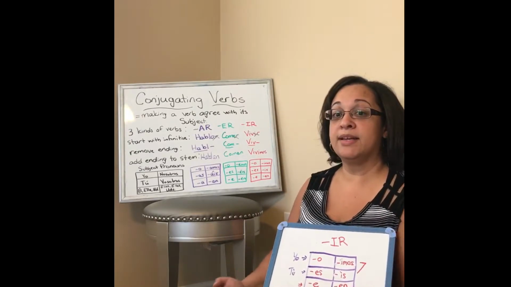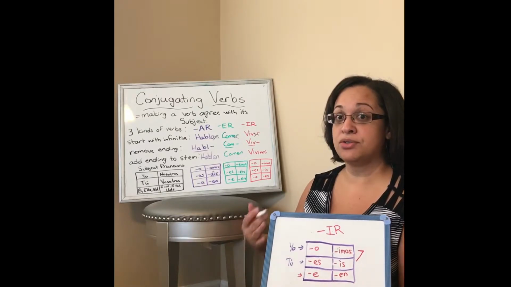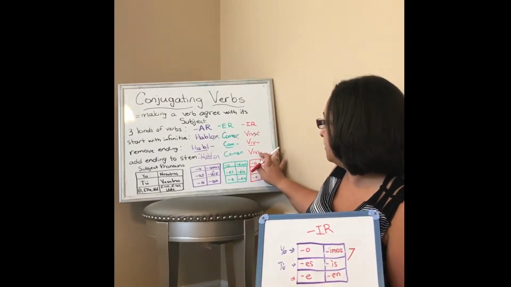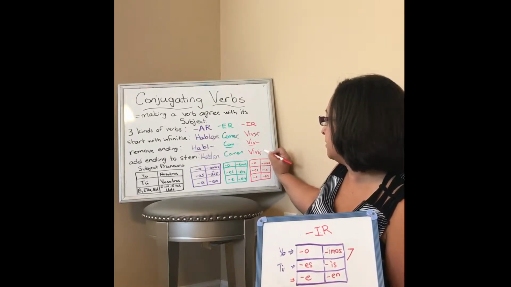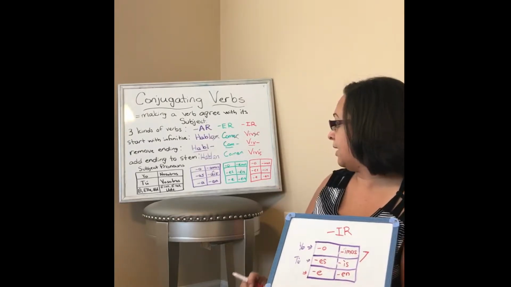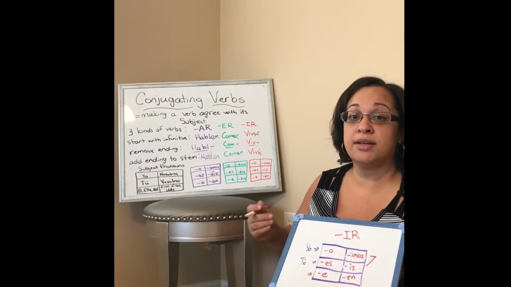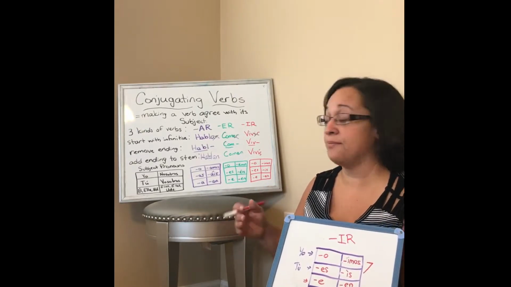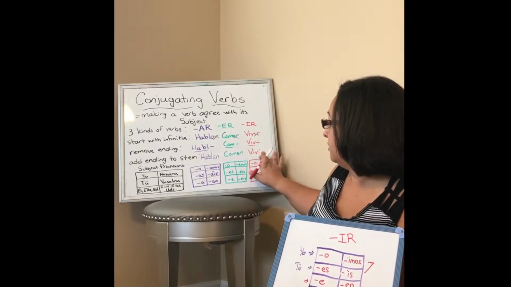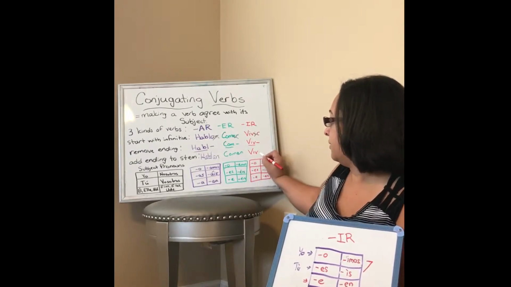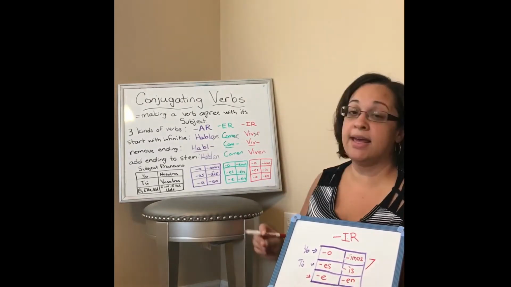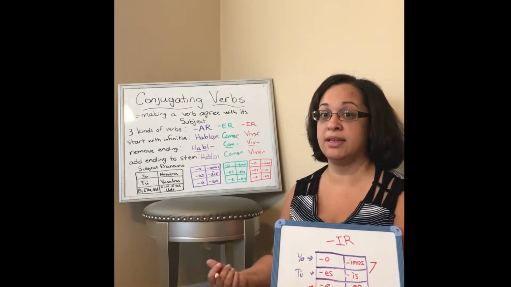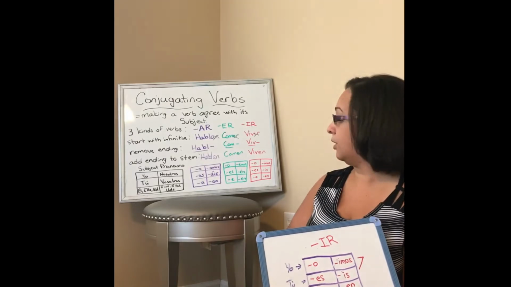Next one is vosotros, so y'all live, vosotros vivís. And then the last one is they. They is en, so it would be viven. So they live is viven.